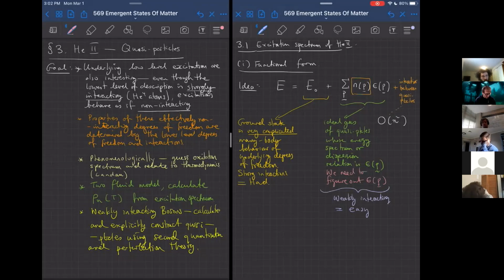So the basic trick is that if you're at low temperatures, the excitations above the ground state are very dilute.